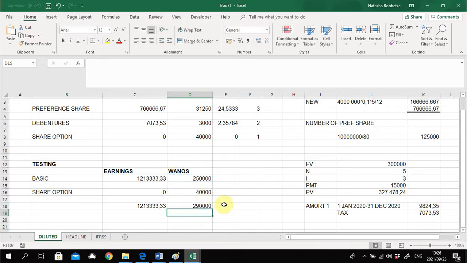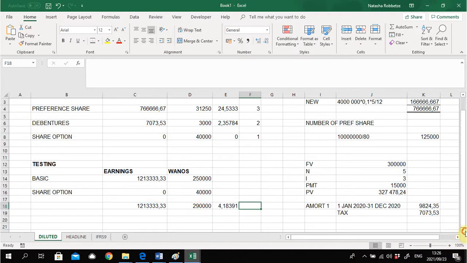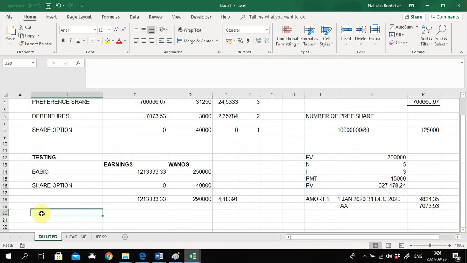And do our division, earnings divided by the shares, 4.18. Then the next one to be tested is the debentures.